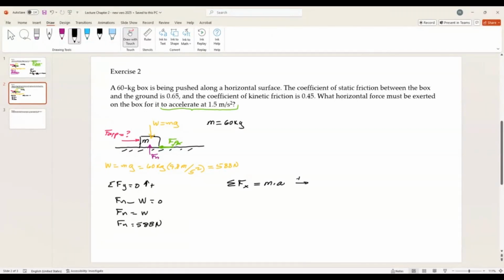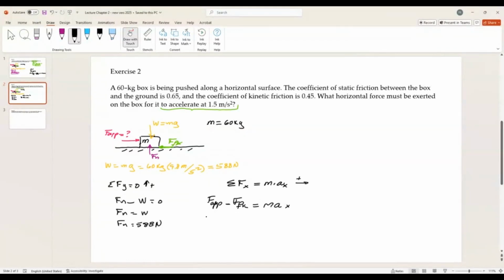I will be taking positive the forces pointing to the right. Acceleration in x, a sub x. Now, which are the forces that we have in x? The applied force minus the force of kinetic friction is equal to mass times the acceleration sub x.